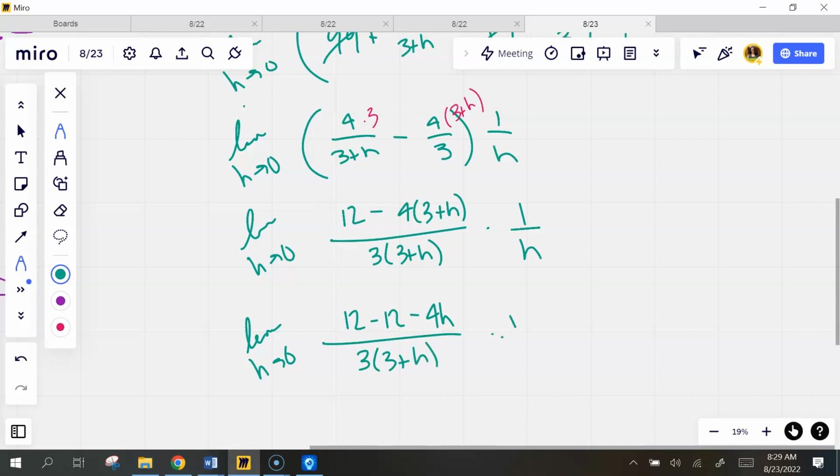Don't lose track of your goal. Your goal is to get h out of the bottom, or try to make it where when you plug in, the bottom is not 0. At this point, my 12s are going to cancel. And now, because the 4h is the only thing left up top, I can cancel one of those h's.